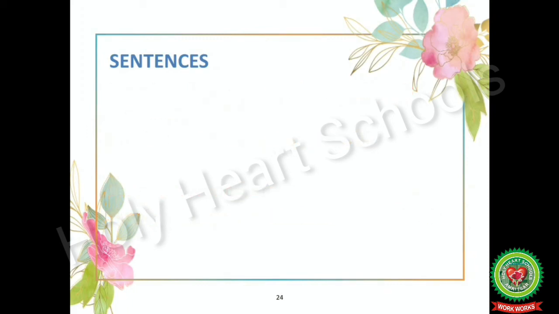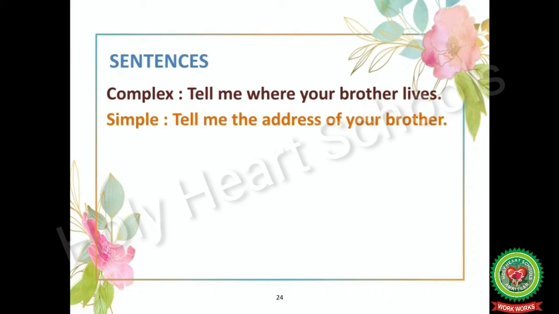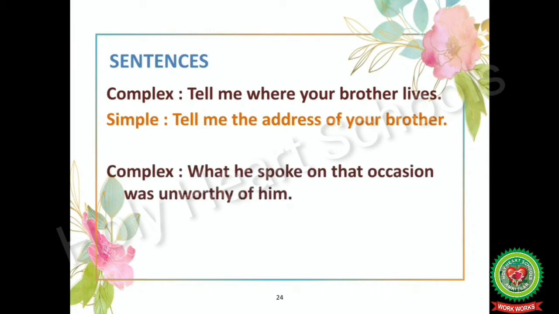Now students, next sentence. Tell me where your brother lives. Here the conjunction is where and we will remove it to make it a simple sentence. For where, we can use the word address. So what will be our answer? It will be, tell me the address of your brother. Next sentence.